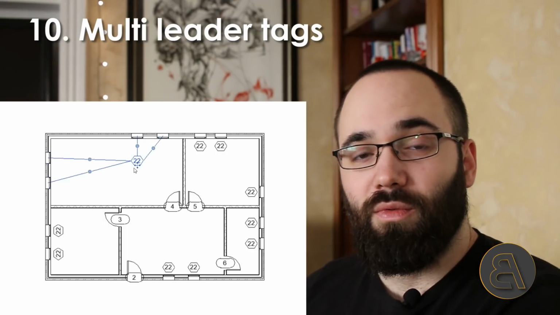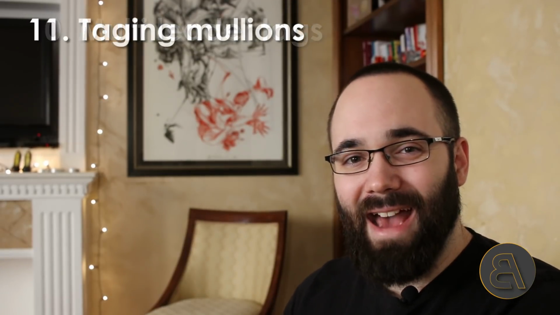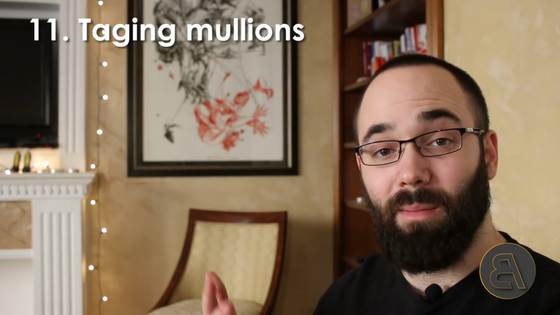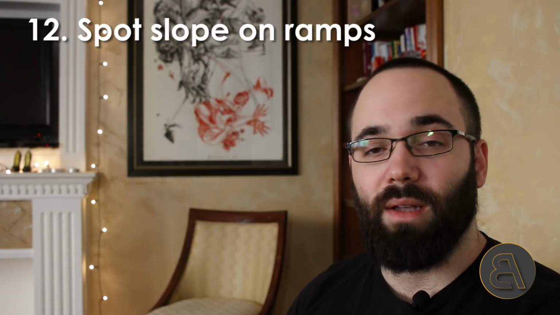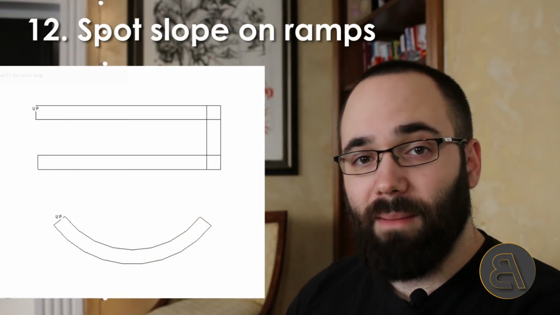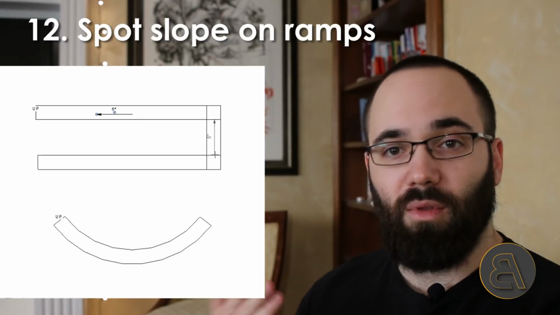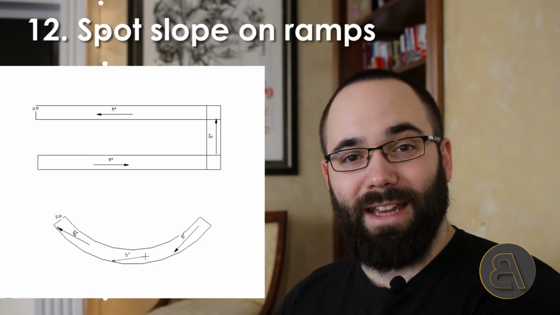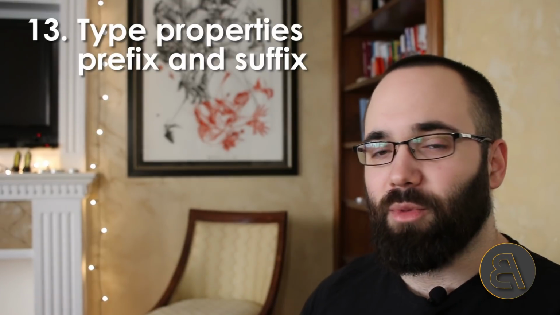And then also for tags, now we can finally tag mullions on curtain walls, which wasn't available so far. Also, when it comes to annotation, we now have the ability to place a spot slope on ramps, so we can do it both in floor plan views, in sections, and in 3D views, so that's something exciting and new.